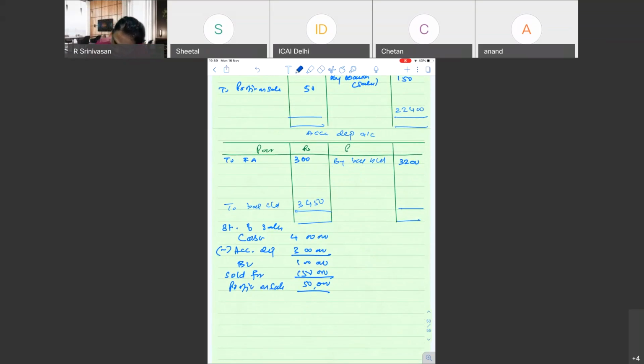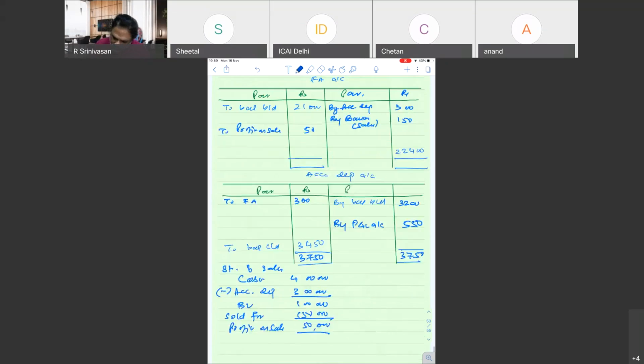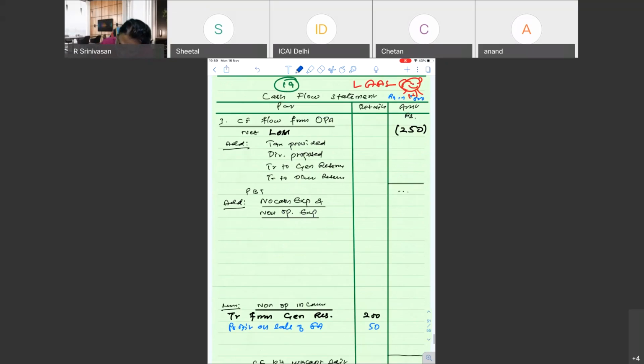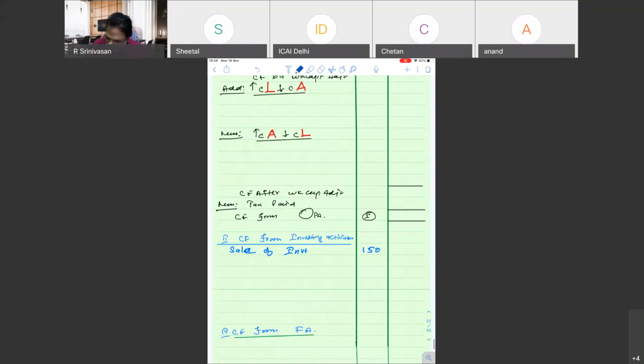Close this: 3750. So profit and loss account 550. Here depreciation will come as a non-cash expense. Depreciation on fixed assets 550.